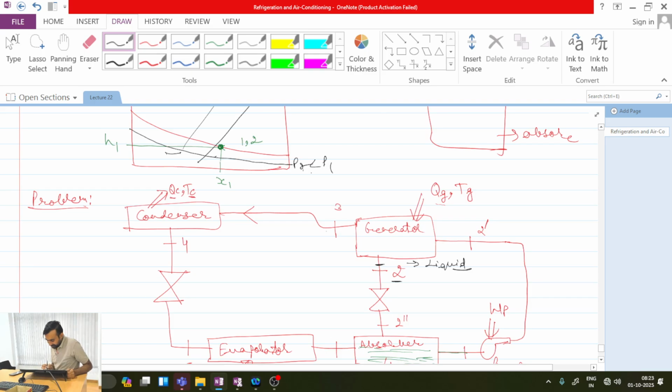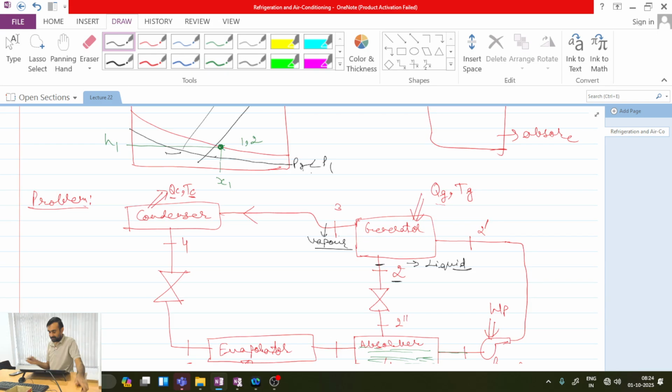And state 3 is also exit of generator, but it is at the top. From the top, generally what do we collect? Vapor. So it is a rough estimate that state 2 will be close to the saturated liquid state, and state 3 close to the saturated vapor state. Not close to, but exactly the saturated liquid and saturated vapor.